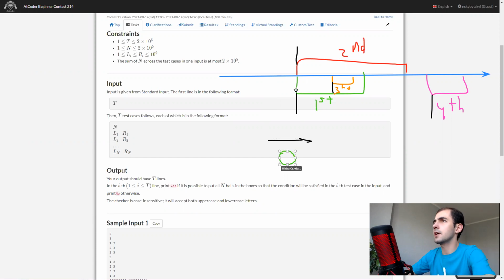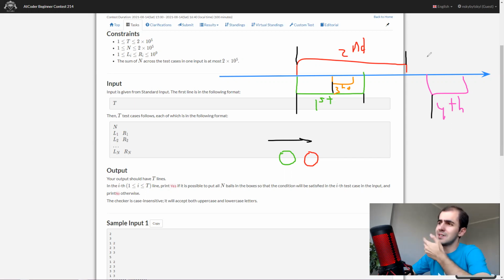Let's get rid of that and see what happens here. We passed this endpoint and we got not one but two balls in our hands at the same time. How do we decide which one we are going to put first and which one we are going to save for later? That is another interesting thing. Usually such ties get decided by the right endpoint. We have a smaller range for the green one that ends here, and a larger range for the red one that ends all the way over here.